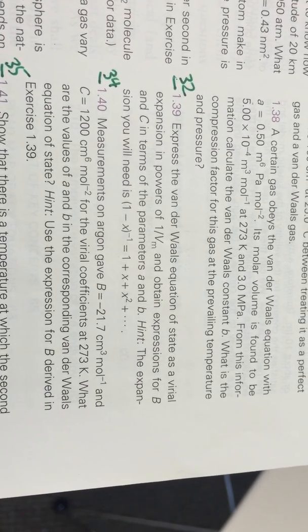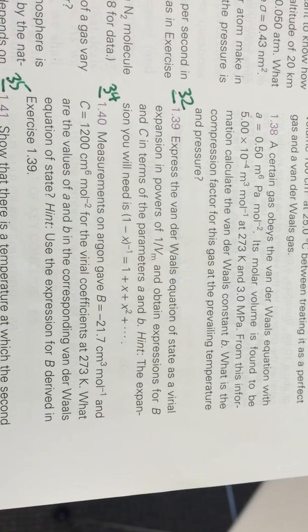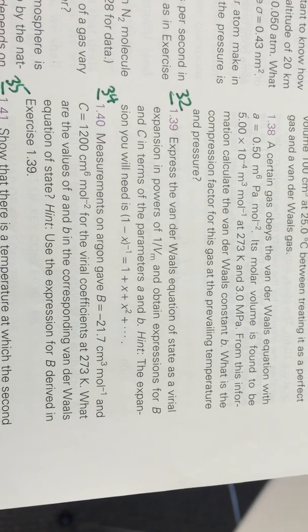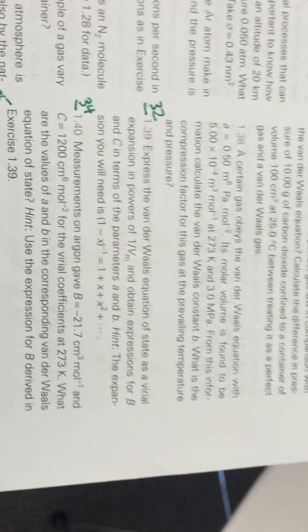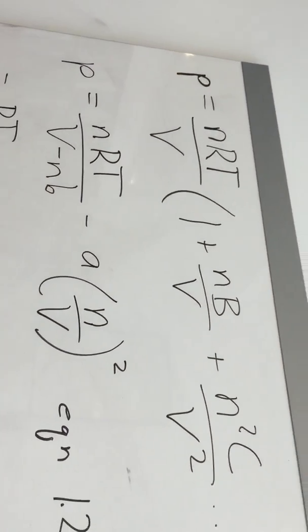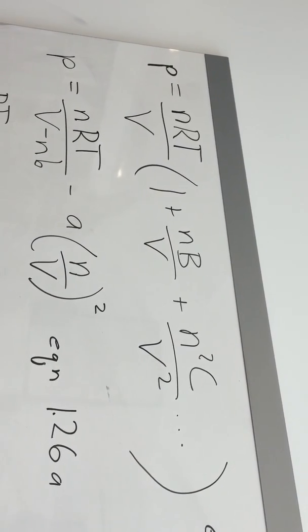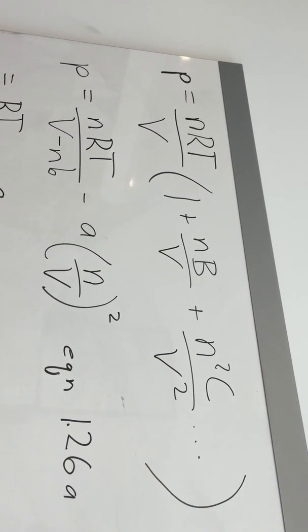We're also given the hint that we want it in powers of 1 over V molar, where V molar is simply our volume divided by N, our number of moles. So our first approach to this problem is to make sure we're aware of the appropriate equations of state we want to use.